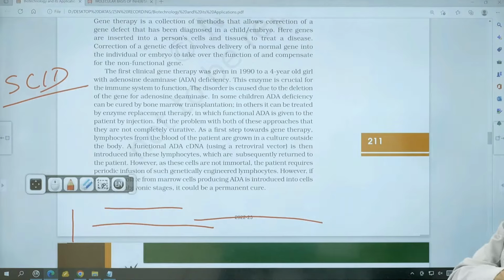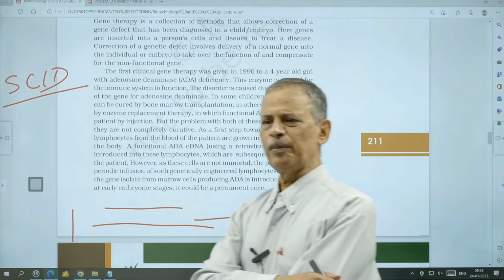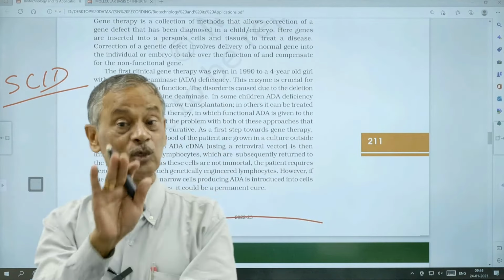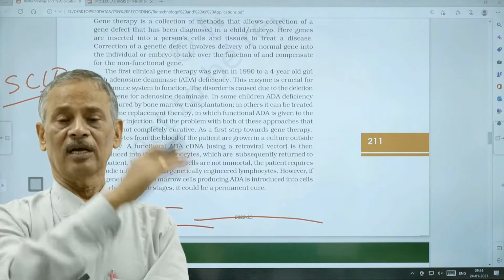These are all the techniques that were used. But we approached a new method. At the National Institute of Health, Dr. French Anderson and his team first successfully replaced a defective gene by a healthy gene. How?